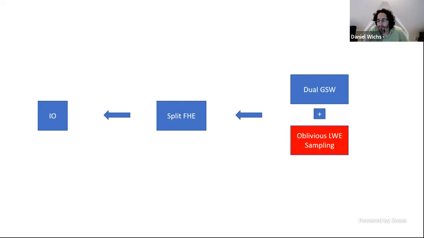And to make it secure, we need one more tool that we call oblivious LWE sampling. Very high level, oblivious LWE sampling lets you create LWE samples without knowing the corresponding secrets. And so this is a tool that we abstract out, and we give a standalone formal definition of what oblivious LWE sampling is.